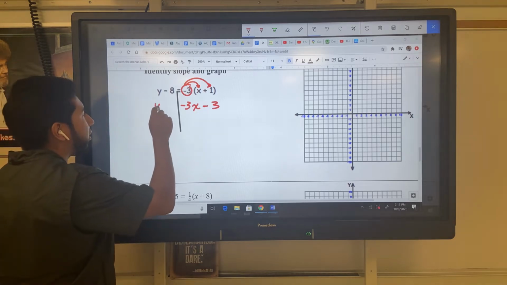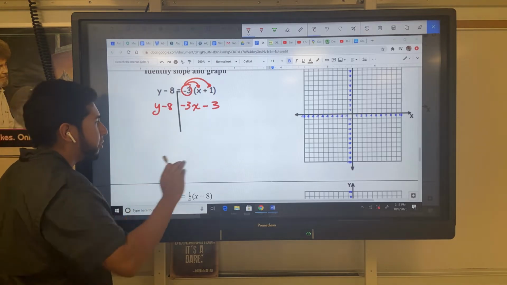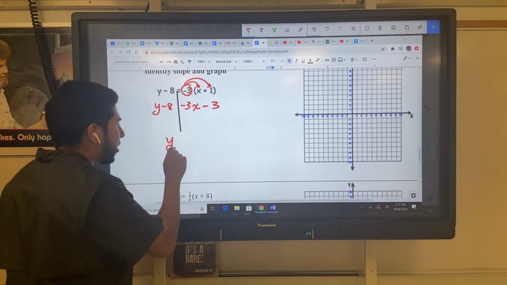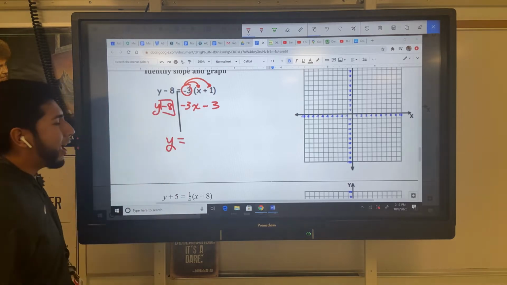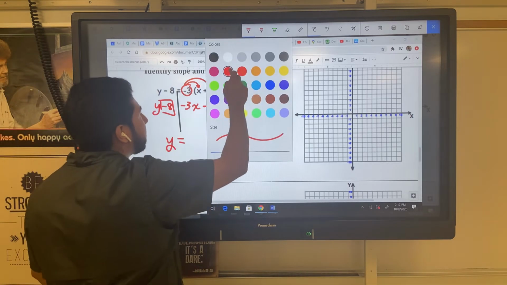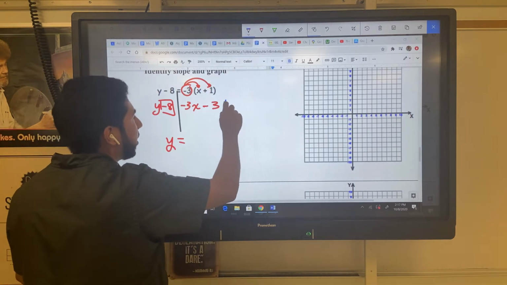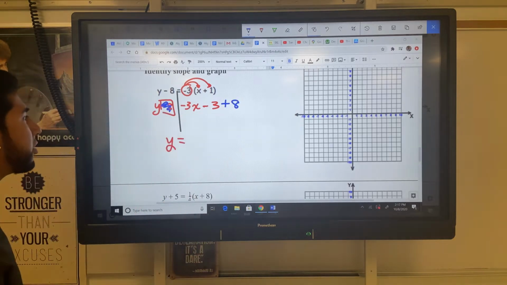After that, let's bring everything else down. Remember, I need the equation to be like slope-intercept form, so it's y equals, I need that by itself, so that tells me I need to move this 8. -8, throwing it over to the other side, turns into a +8. Cross it out. We've done this before, ladies and gentlemen.